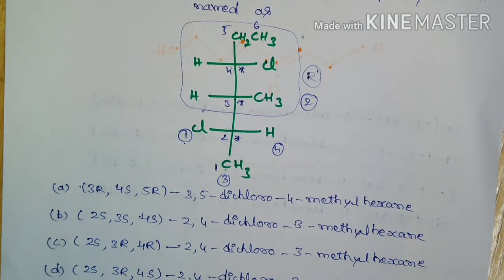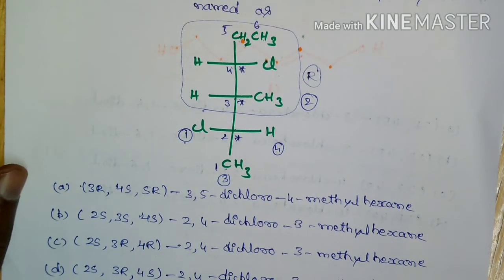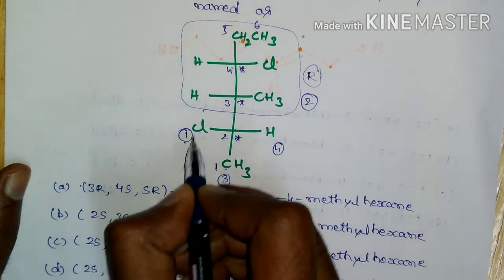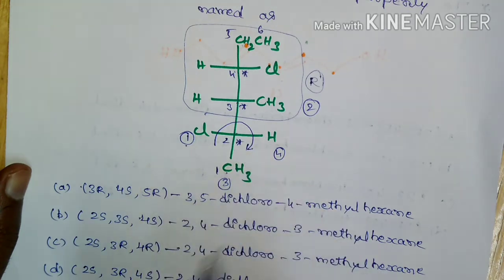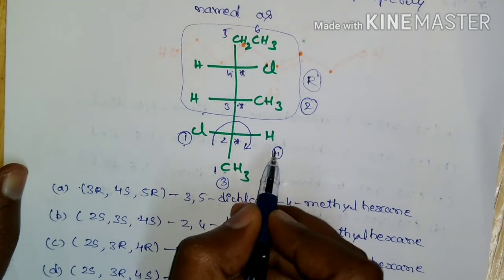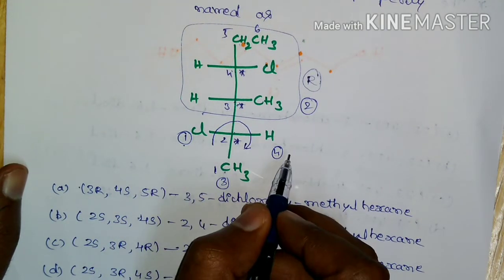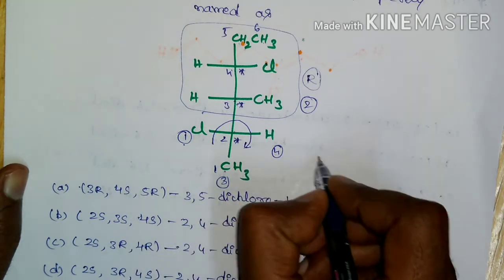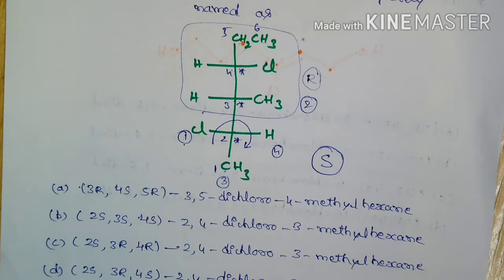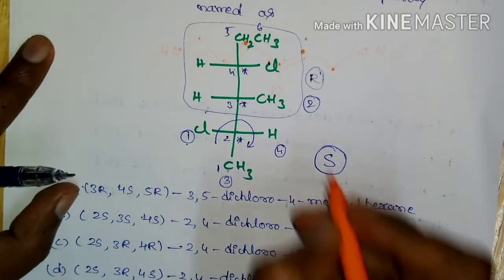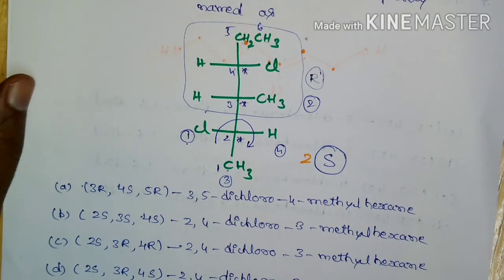Now the fourth group is on the right side, so if I move like this, 1, 2, 3, it is clockwise. If the fourth group is on the right side or left side, and it is clockwise rotation, then the configuration will be S. At the second carbon atom, we have S configuration.